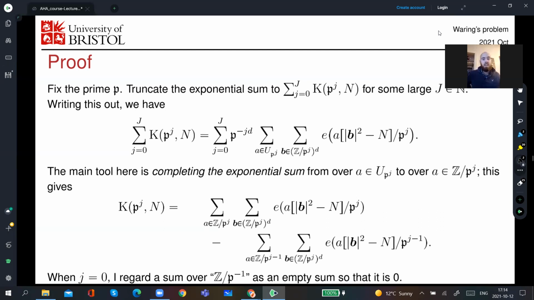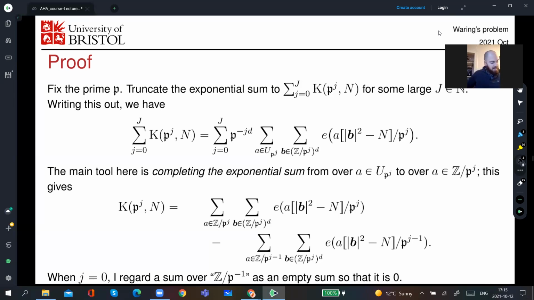And then I take out all the ones that were not coprime to p to the j. That is, they had a factor of p. That's what this is doing right here. That's completing the exponential sum. My sum was incomplete because I just had units, and I've completed it because I actually have now all of z mod p to the j. That's going to be useful because when you have the complete exponential sum, you can use orthogonality usually. Fantastic.